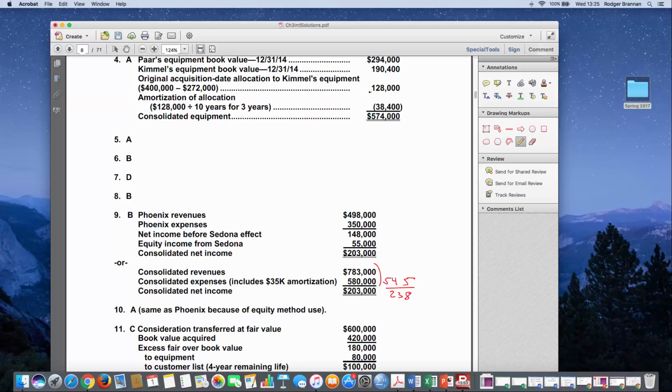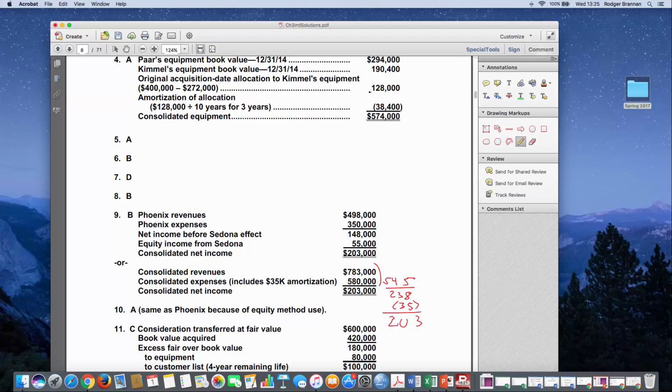Then you also have to factor in that adjustment of $35,000 for the two assets that were written up to fair market value. The equipment that was written up by 80,000 being amortized over 10 years, and a customer list written up by 100,000 being amortized over 4 years gives you that adjustment. So the amount that you end up with here is a 203,000.